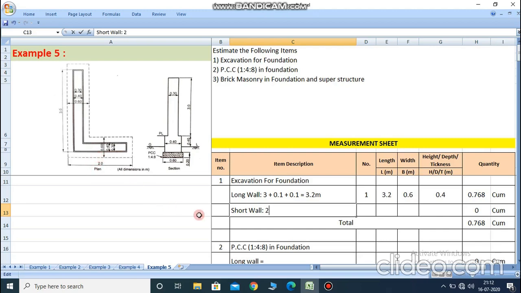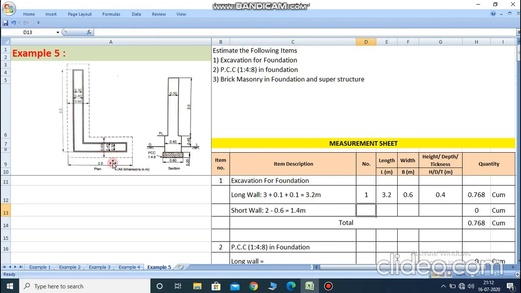So we write here 2 minus width of the excavation 0.6. Clear? So we calculate only this part. So the length we calculate for the short wall excavation is only for this part. So 2 minus 0.6 is equal to 1.4 meter, which is the length of the short wall.